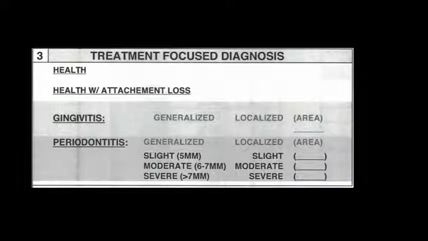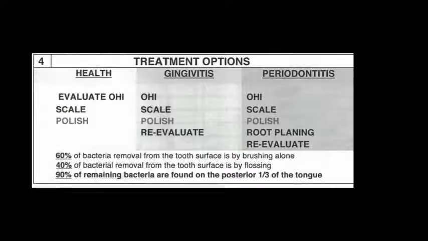And with good root planing and removing of the accretions, as well as good oral hygiene by the patient, typically you can shrink these pockets a couple of millimeters. So if you have a 5, you should strive to get that probing down to a 3. If you have a 7, get it down to a 5. But I think this tells you that you can actually give a treatment-focused diagnosis if you give the proper diagnosis.